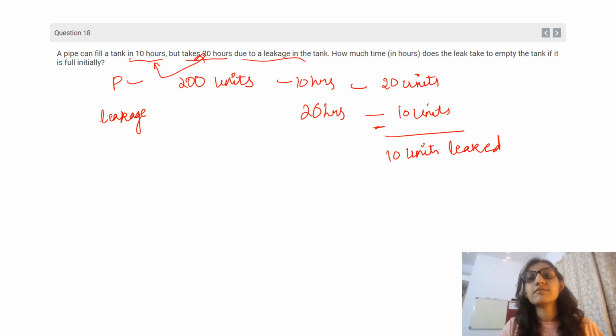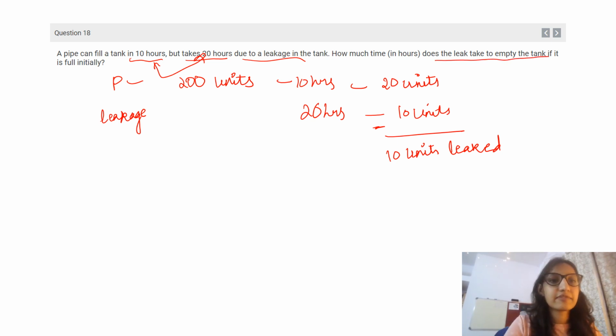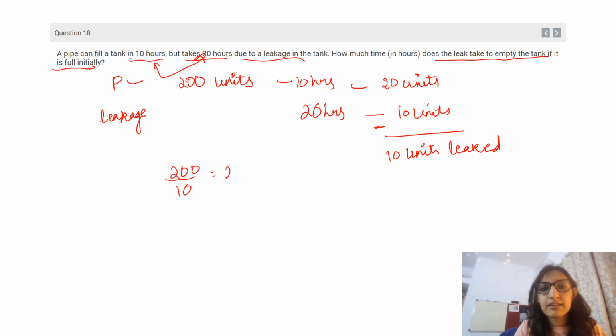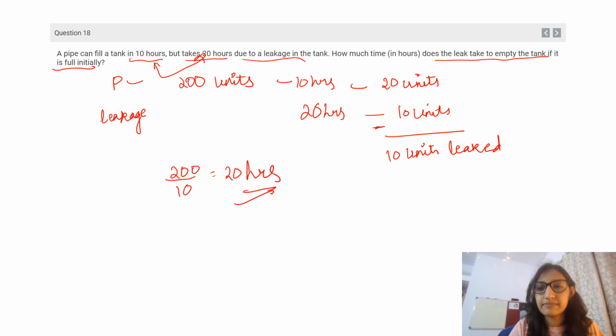So now we need to identify how much time the leak takes to empty the tank if it is full initially. So we don't have a pipe, assume, and we need to identify how much time the leak will take to empty the tank. It's leaking 10 units per hour. So in total it will take 200 by 10, that is equal to 20 hours. Okay. Is this simple?